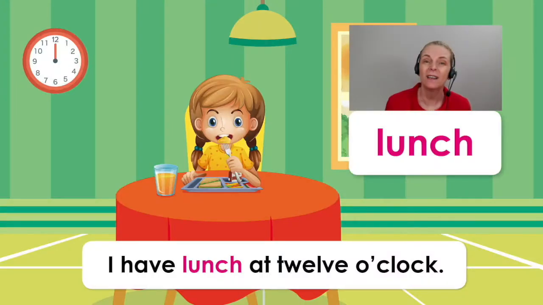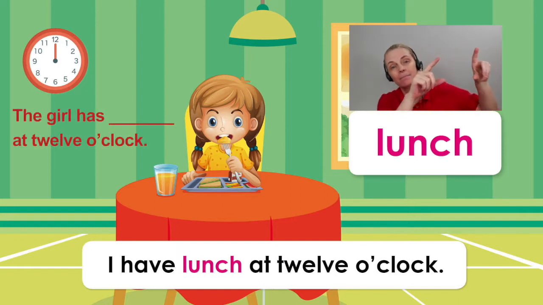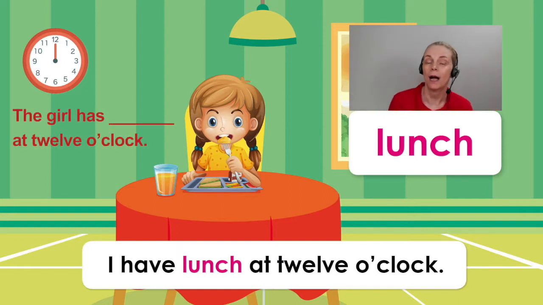For example, take the keyword lunch from the Level 1 lesson, Let's Have Lunch. We could ask our struggling students, what does the girl do at 12 o'clock? We could simplify it even more by providing a closed sentence for the students to use when answering, like, the girl has ___ at 12 o'clock.